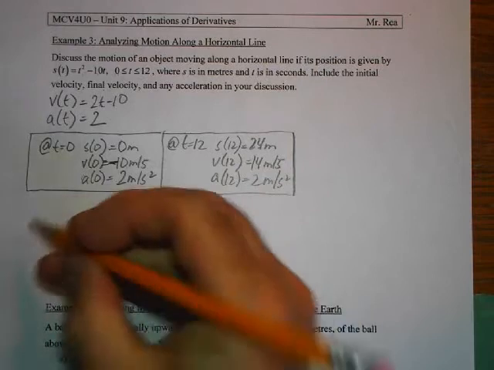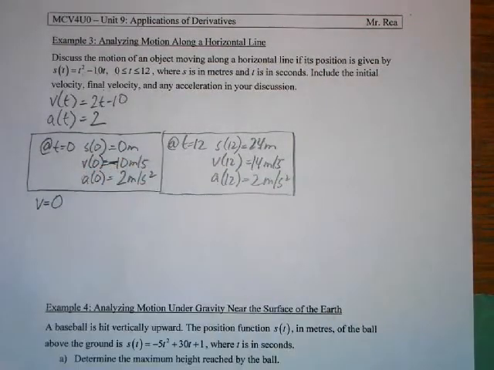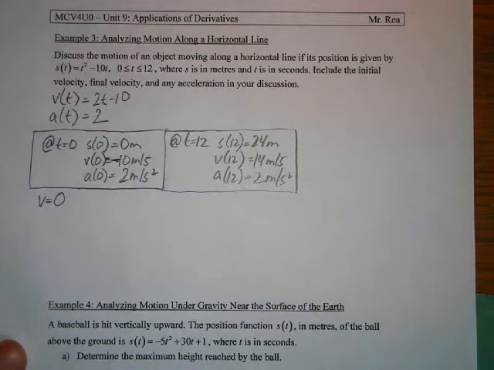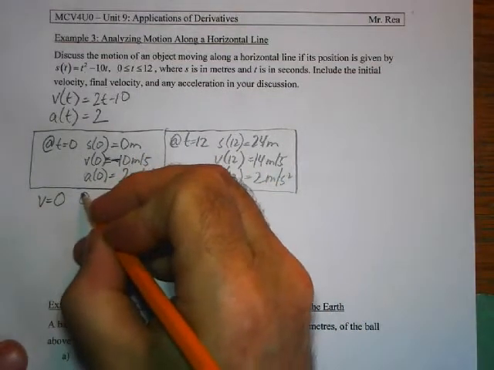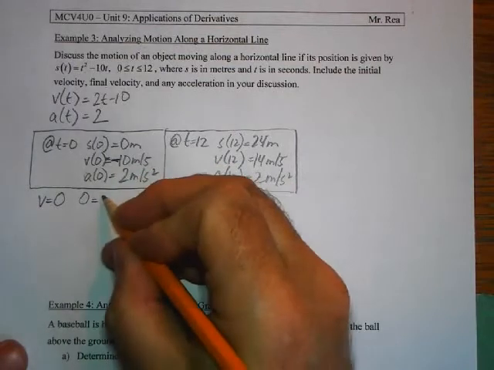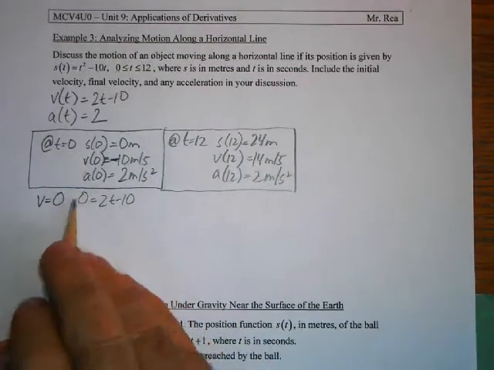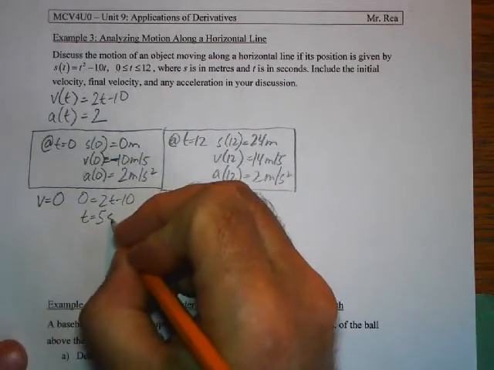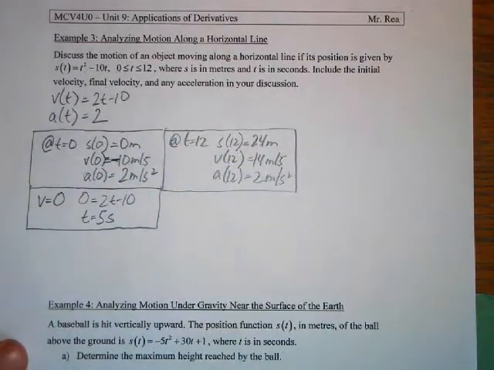The way we can find that is to find out when the velocity is equal to 0, and that tells us when it's changing direction. So we just plug this into our equation: 0 is equal to 2t minus 10. If we solve that, 2t equals 10, so t equals 5 seconds. So the object is changing direction at 5 seconds.